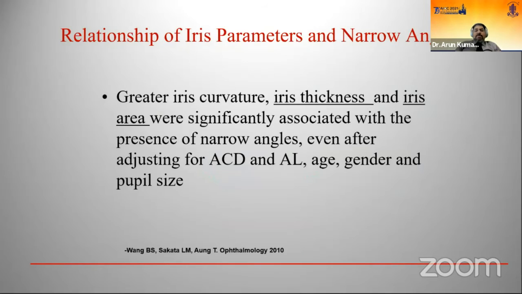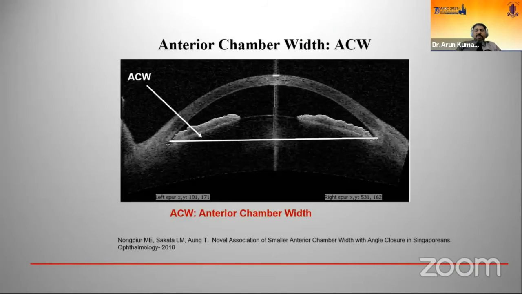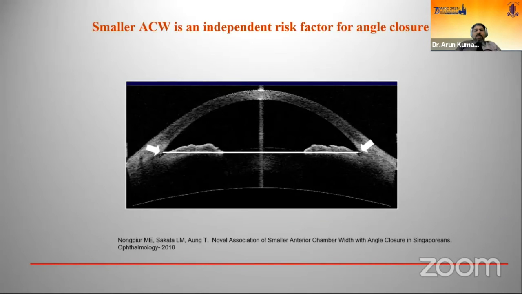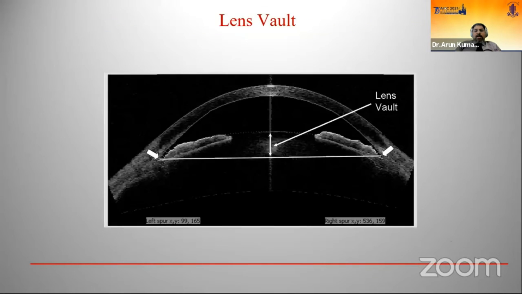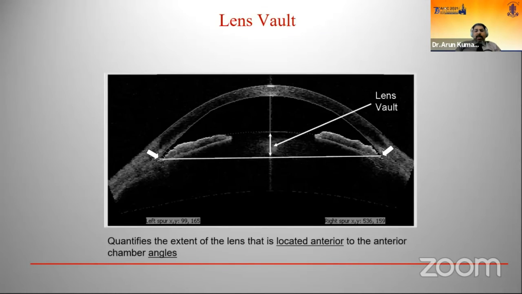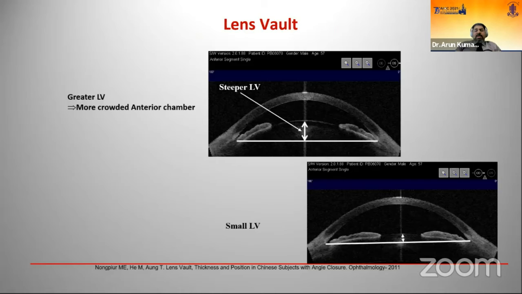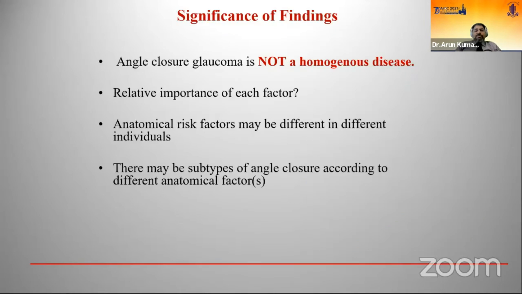What was noted from the Singapore team was that a greater iris curvature, iris thickness, and iris area were significantly associated with the presence of narrow angles. Further, novel parameters such as anterior chamber width, anterior chamber area, the lens vault, and all of these parameters had an association with angle closure.